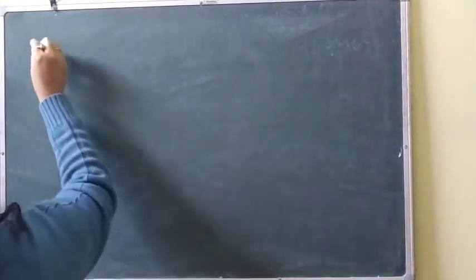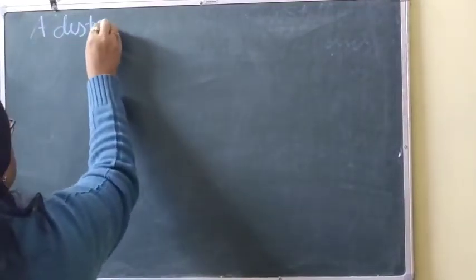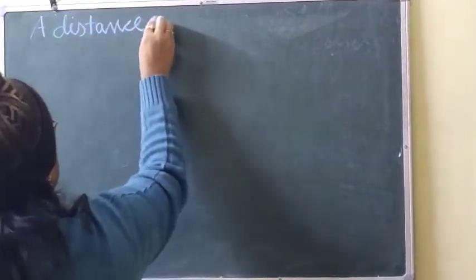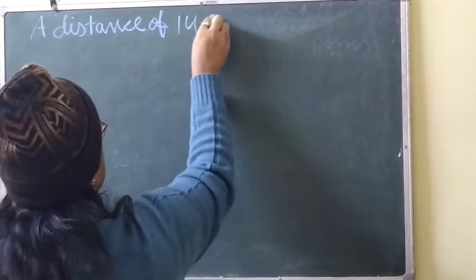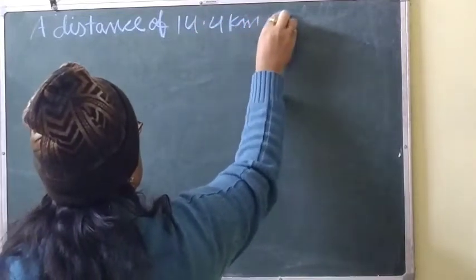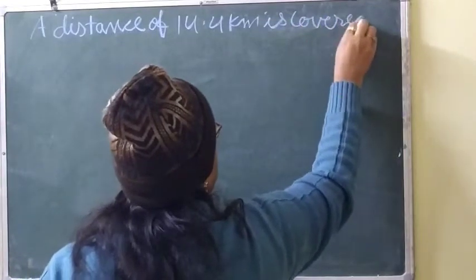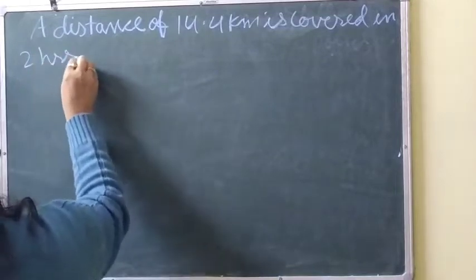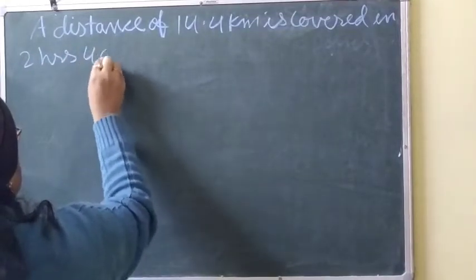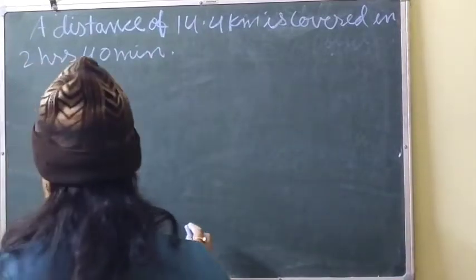A distance of 14.4 kilometer is covered in 2 hours 40 minutes. Find the speed in meter per second.